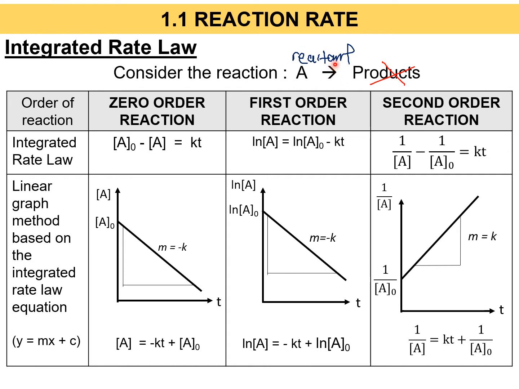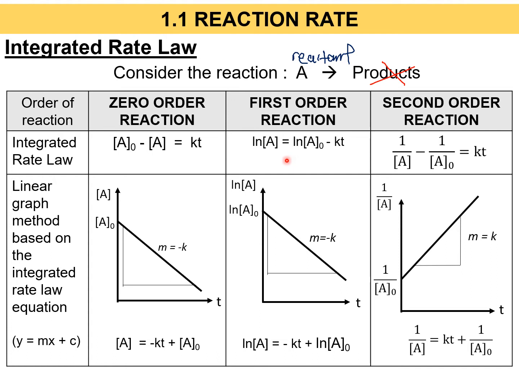So, if your order of reaction is zero order, this is the integrated rate law for zero order reaction, where the concentration of your reactant, reactant A, okay? So concentration of your reactant initial minus concentration of your reactant final equals rate constant times time, okay?